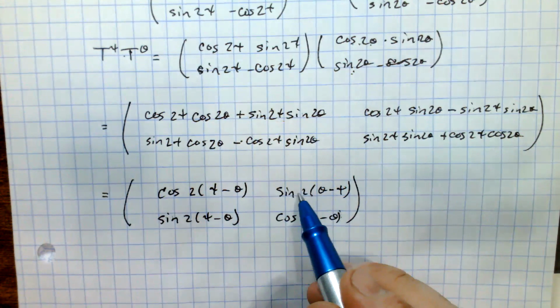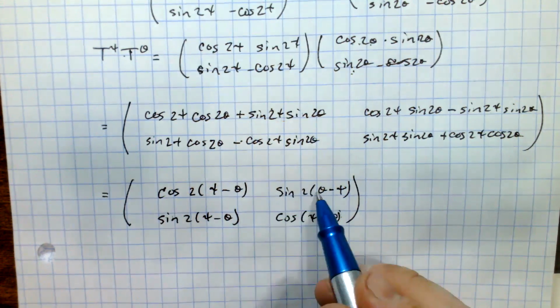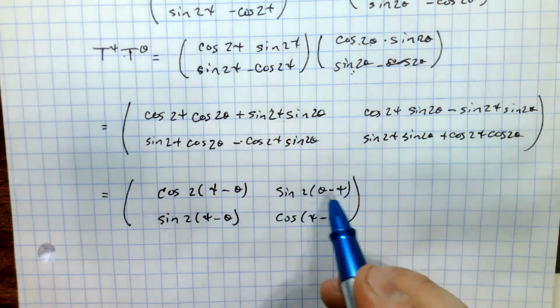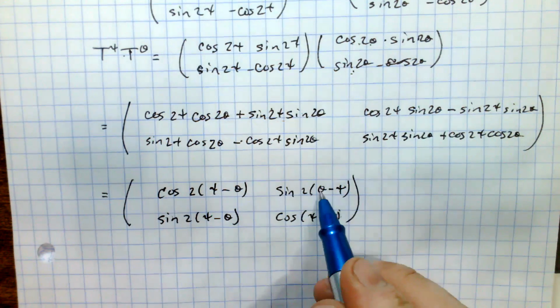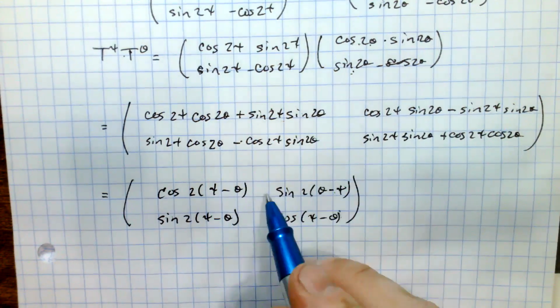So sine being an odd function, I can factor out a negative sign. If we imagine factoring out a negative one here, this would become a positive psi and a negative theta, or I could write this as psi minus theta and put a negative out in front.